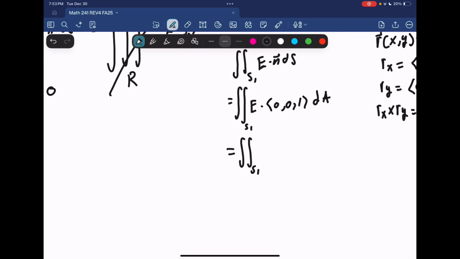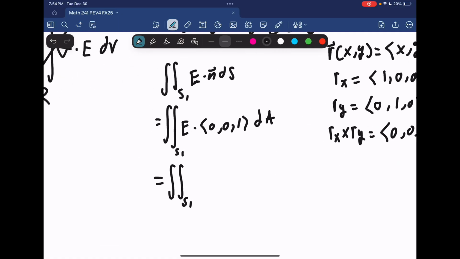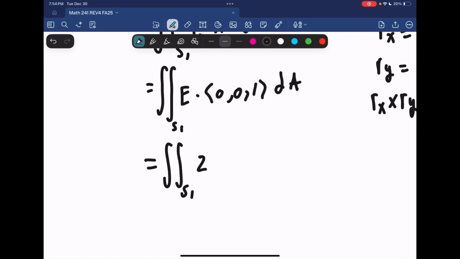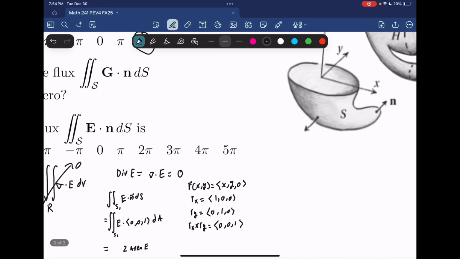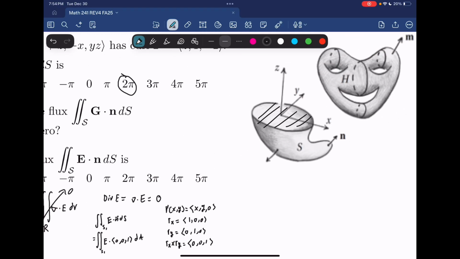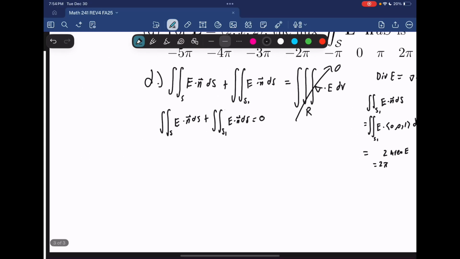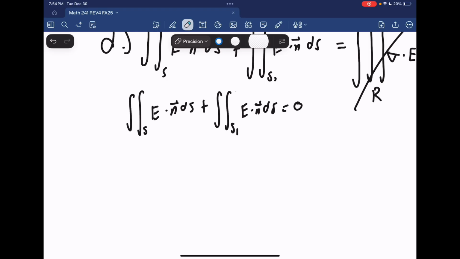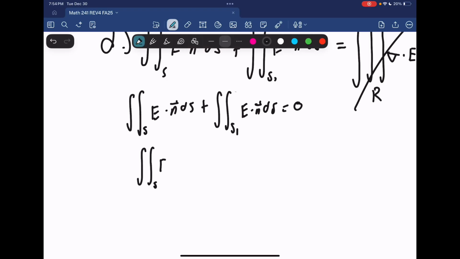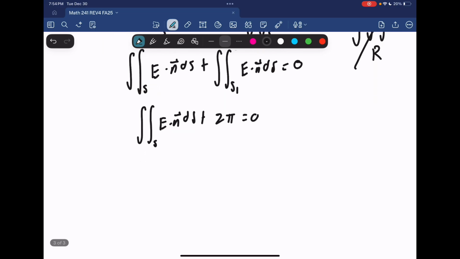Now this is equal to the integral over S1 of E. We'll plug in E into here. Z times 2 gives us 2. Actually, it'll be 2 times the area of E, which is the unit circle here, and the area of a unit circle is pi. It's equal to 2 pi. Now we have that this here plus 2 pi equals 0. We solve for that and we get that this is equal to negative 2 pi.